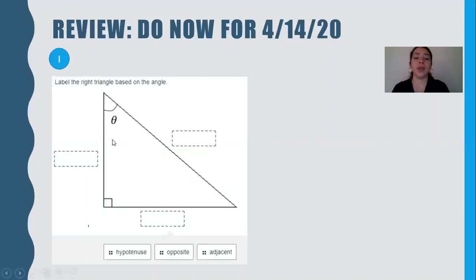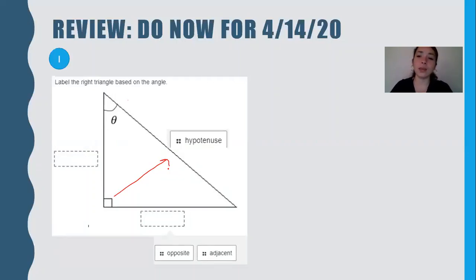So right away, I know that the side that is opposite of the right angle, and let me make some notes on this so you can see what I mean by that, is always the hypotenuse. Always a hypotenuse. So right away you find your right angle, look at the side that's across that angle, and that is your hypotenuse.